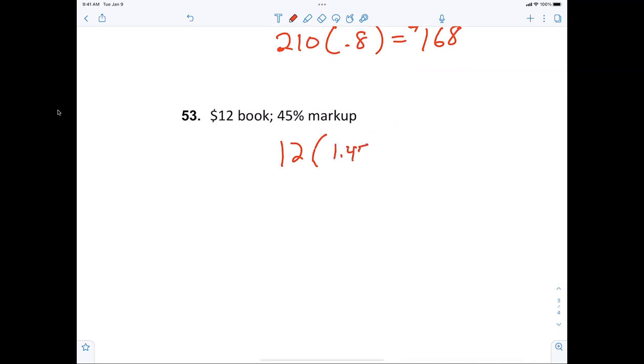Yes, sir. Multiply that out, please. $17.4. So we wouldn't say 17.4, but we would say $17 and what? 40 cents. Does everybody agree? I don't think that's that hard, right? All right, let's go. Finish up the evens, okay?